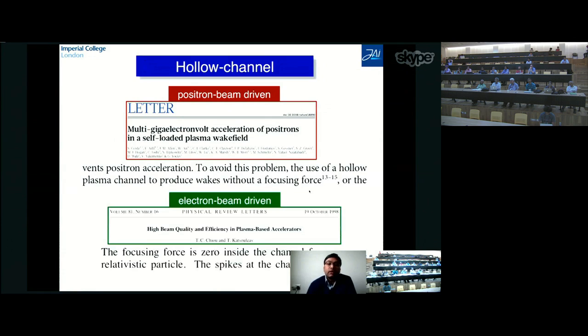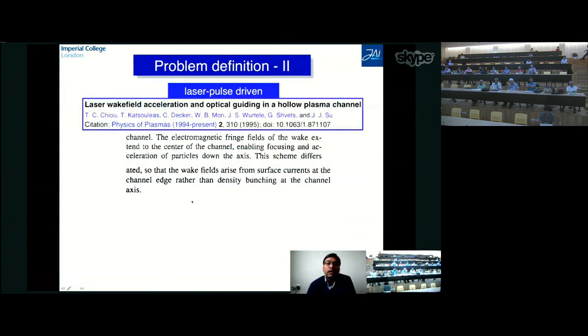And this claim is based on a well-known work where Schroeder and Chiu have shown analytically that the focusing forces inside a hollow channel are essentially zero for a relativistic particle driving the hollow channel. And further theory explains that the acceleration field comes from the electromagnetic fringe fields of the wake that extend back to the center of the channel.